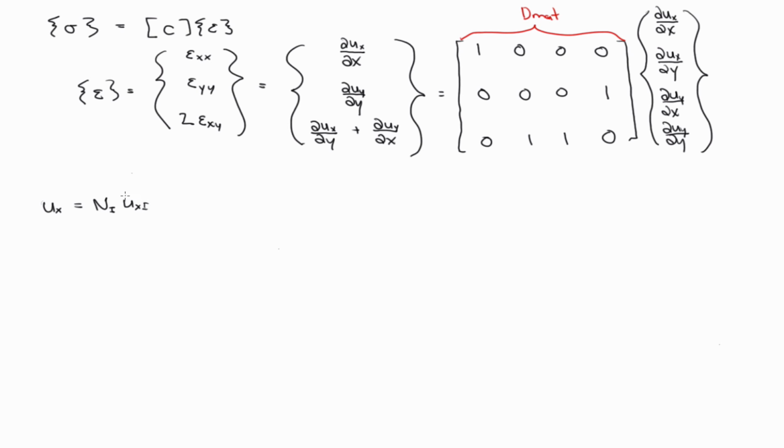The UXI are the things we're going to solve for later. And then we have these shape functions. Because these are constants, this has a spatial dependence, but this is a constant. So if I take the derivative of both sides with respect to x, then that's just equal to the derivative of the shape function with respect to x.